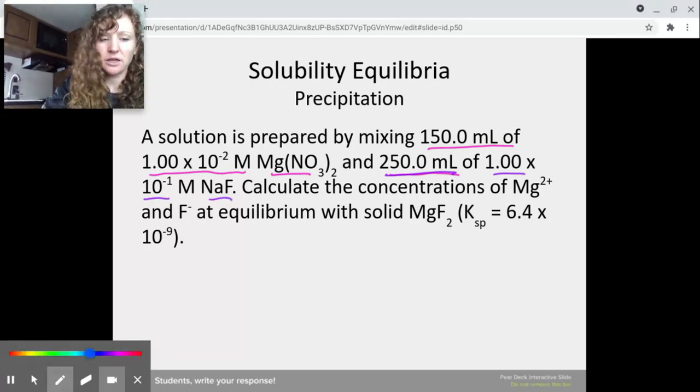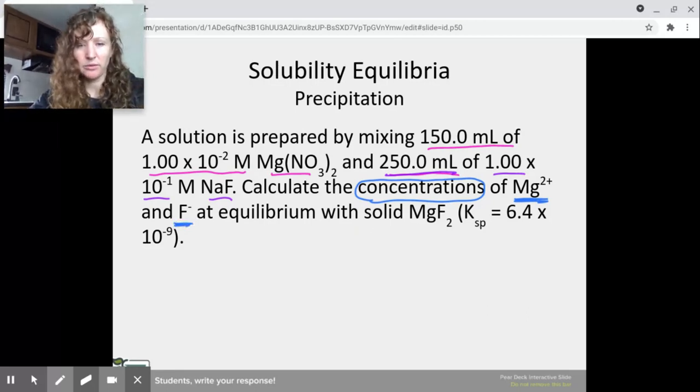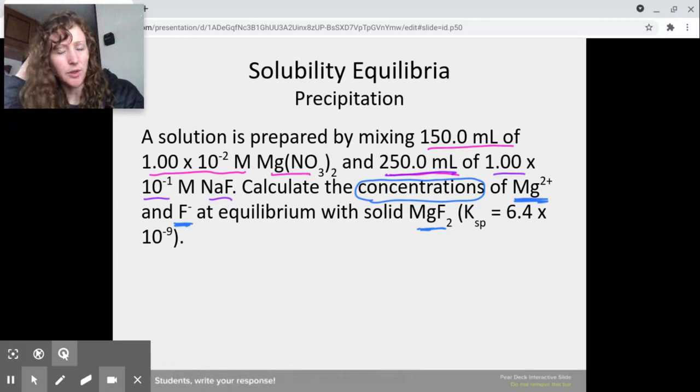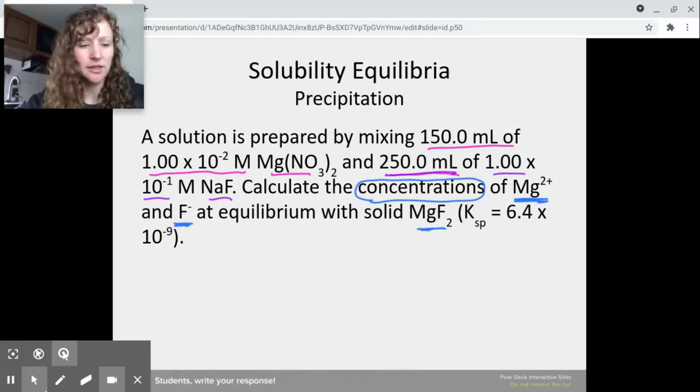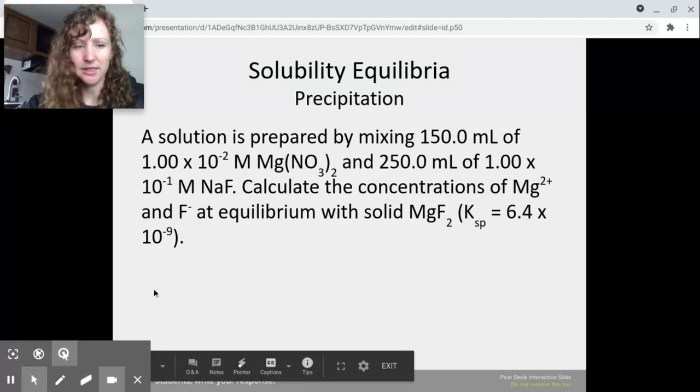Calculate the concentrations of magnesium and fluoride at equilibrium, with a Ksp of MgF2. Okay, on second thought, this seems like a repeat of the one we just did. So let's do this one together in class as practice.